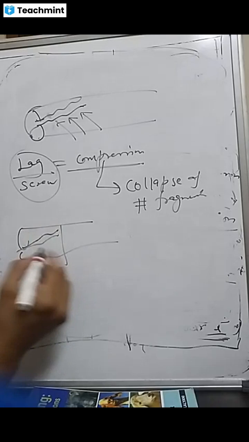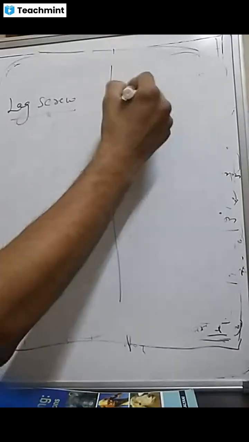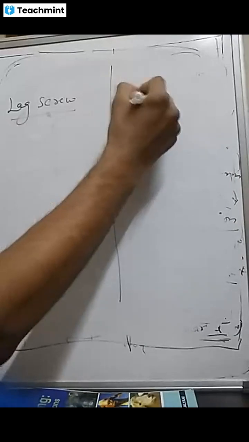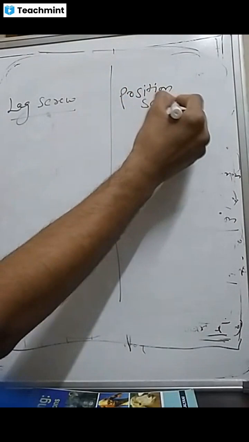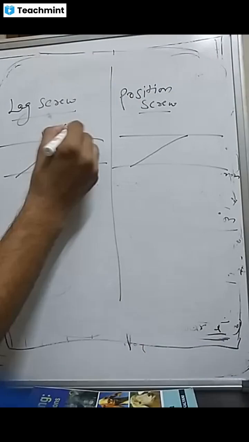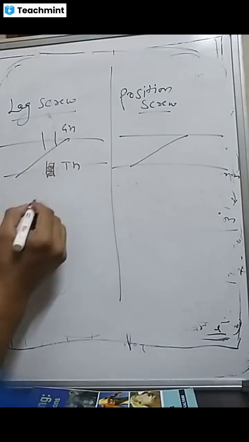Lag screw and position screw: the gliding hole has less diameter.